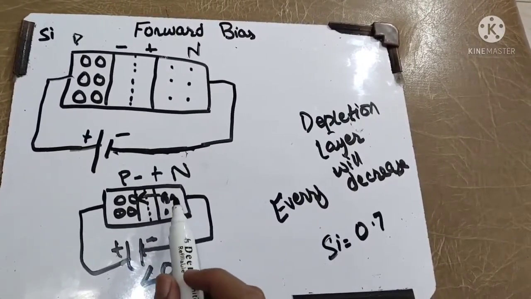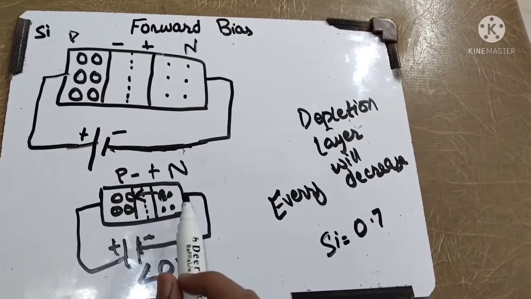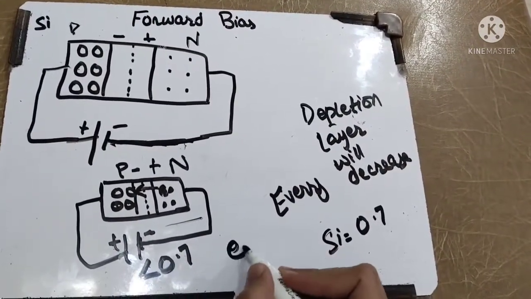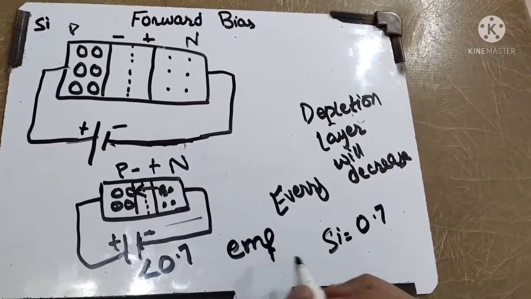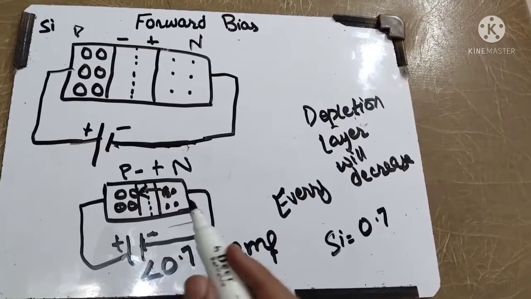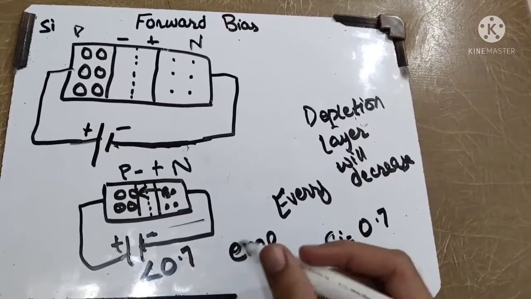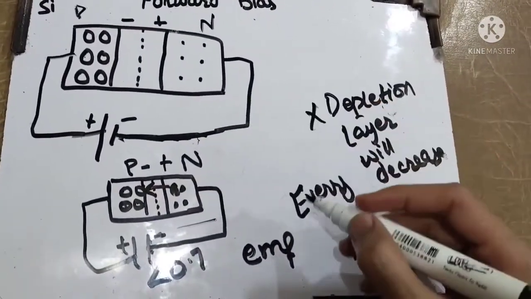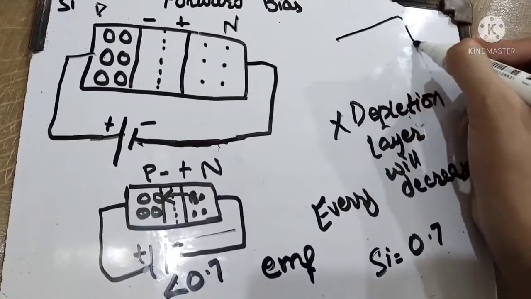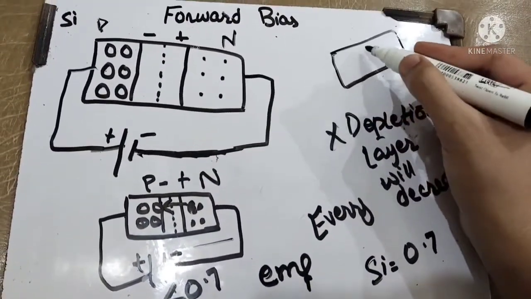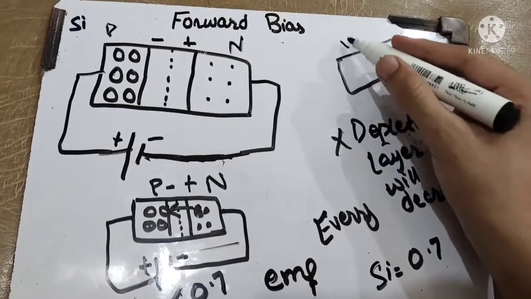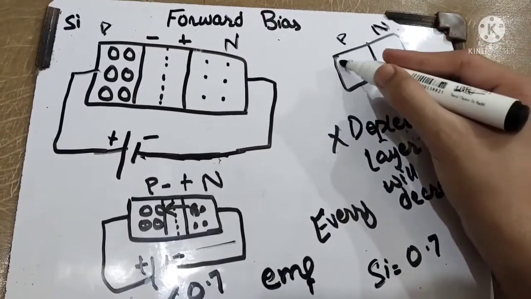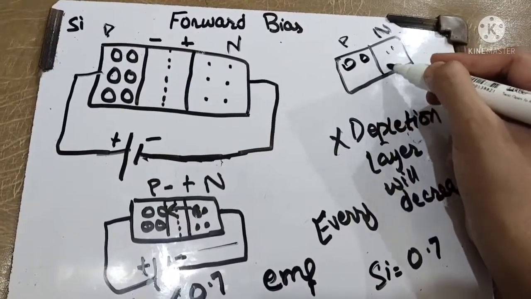The electrons will start to move as they have kinetic energy, because the battery provides electromotive force to the electrons that will break the depletion layer. So now the depletion layer will break. Here is a p-type semiconductor, here is an n-type semiconductor, there are holes and there are electrons.